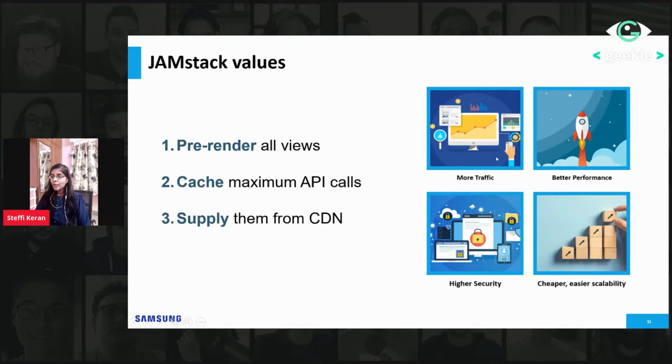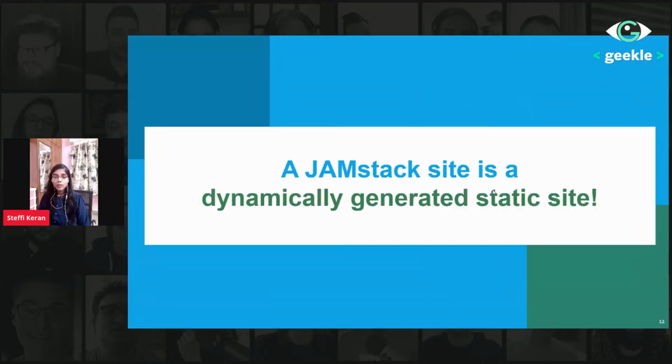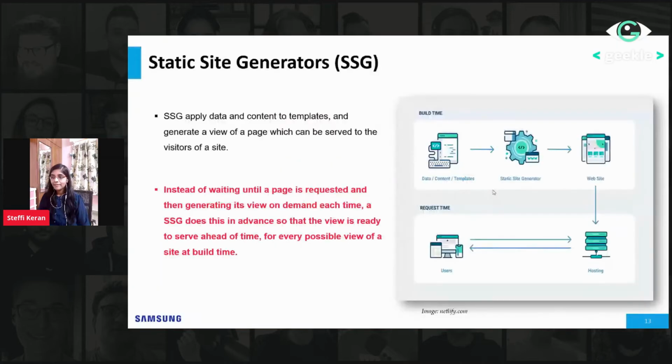On the right side, you can see the advantages of JAMstack, like how it helps us drive more traffic, better performance, and higher security and scalability. A JAMstack site is neither a static site nor a dynamic site, but a dynamically generated static site. So what are static site generators?